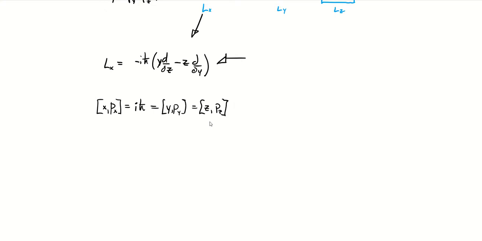Likewise, that also gives us the commutator between the different angular momentum components, being just i h bar Lz. These should look pretty familiar. There are also cyclic permutations of these commutation relations, i h bar Lx, and then the third one would be this.